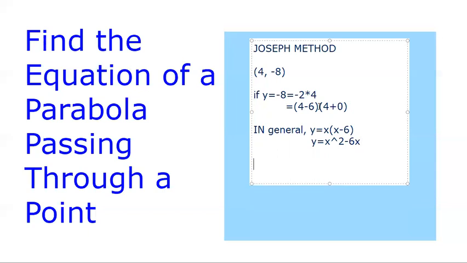All right, so the way I did it in my notes, if y is equal to -8, which is equal to 2 times -4, then we'll have 4 minus 2, and then we'll have 4 minus 8.